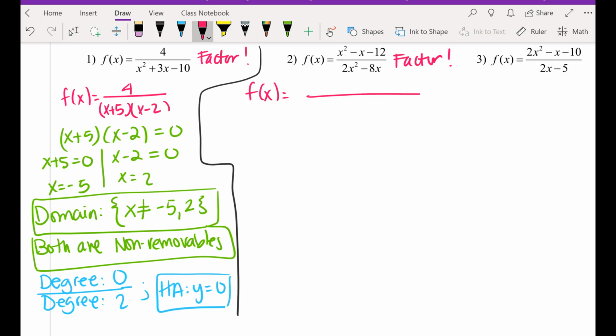Once you have your factors for both, can you talk to one another, please? James, are you able to factor the top at all? Talk to your partner, so you can come back to me. Is the numerator factorable?